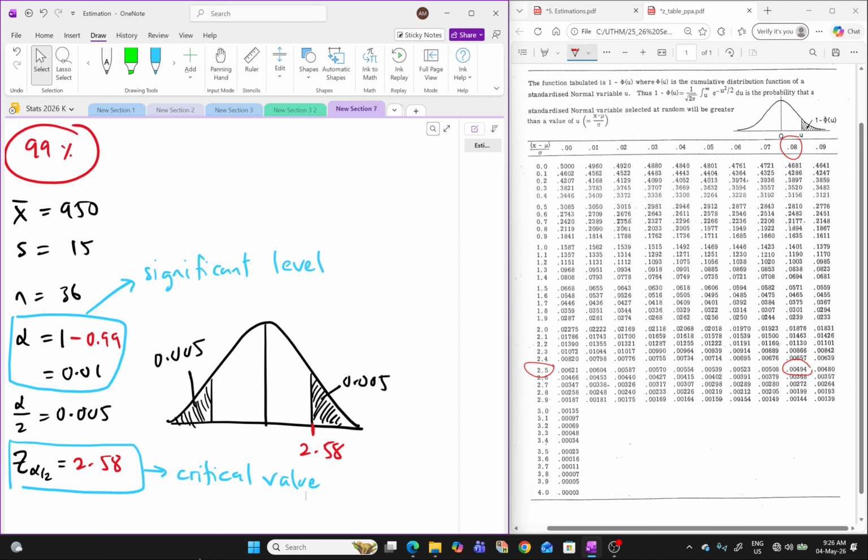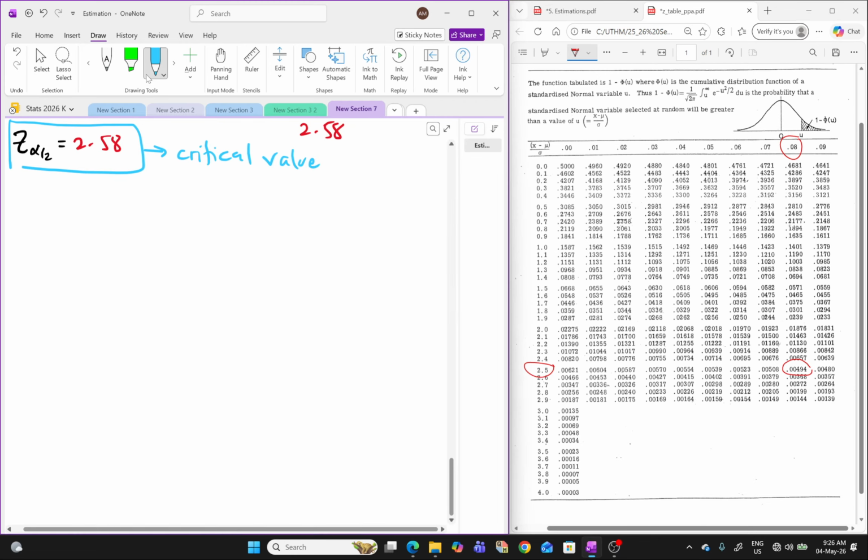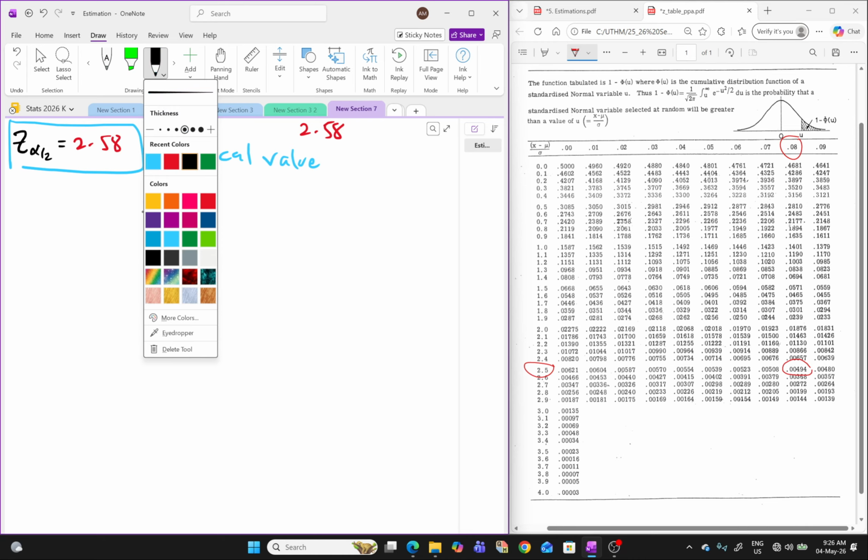After this, all you need to do is lepas cari semua ni, what you have to do, put inside the formula. What is the formula? I write again the formula.